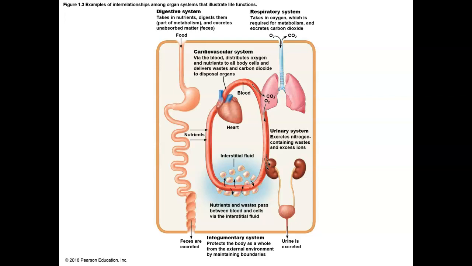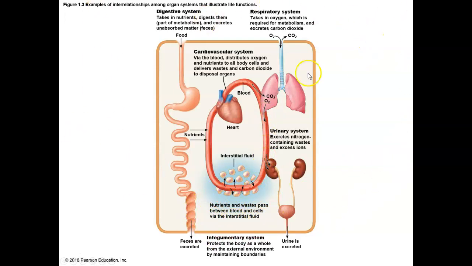The respiratory system also brings in oxygen and gets rid of waste products. And again, our cardiovascular system is what takes in those nutrients and gets rid of waste. So all the waste products are then going to be filtered back out either into the digestive or into the urinary system, depending. And the nutrients themselves are going to go to the body cells that we need them at.